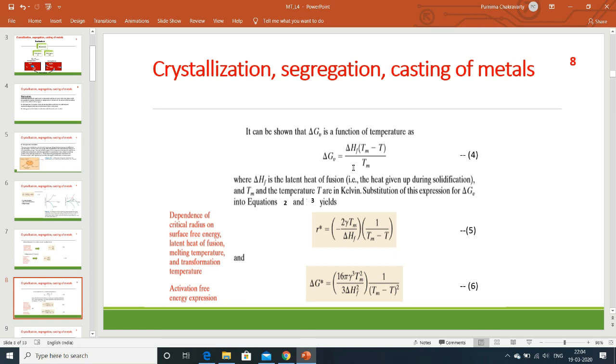So here I want to make it clear that Tm is the temperature of solidification, and del H F is the latent heat of fusion.